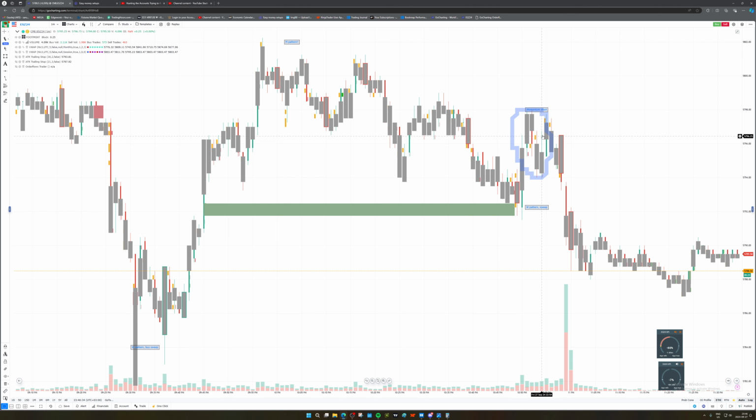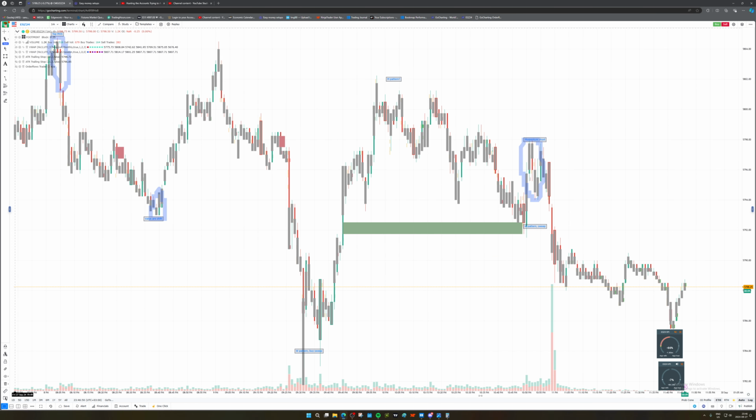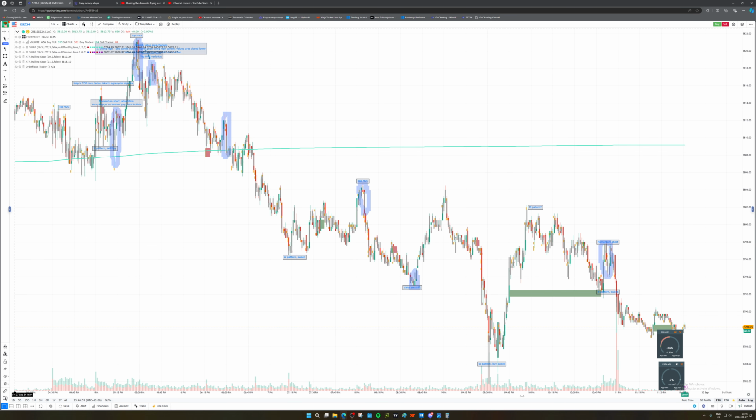expecting. But look, basically sellers are controlling price, they are pushing volume to the downside, and it was a really nice 10-point move to the downside. So this is really nice, and this is why it's really important as a day trader.